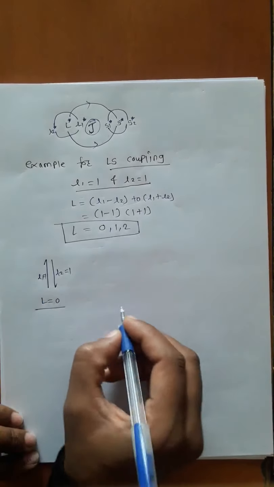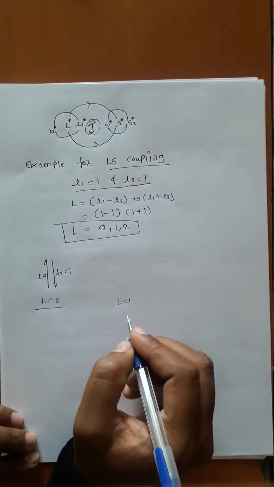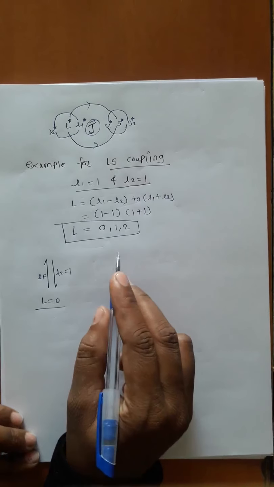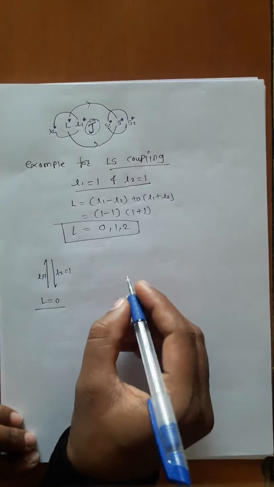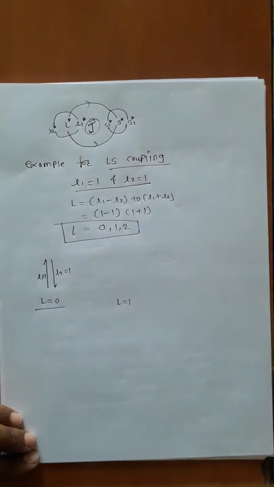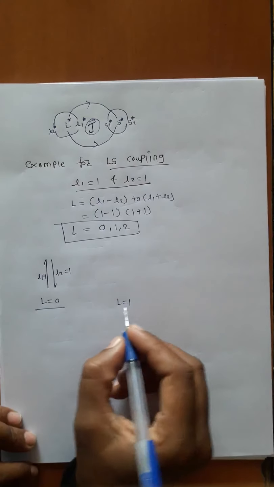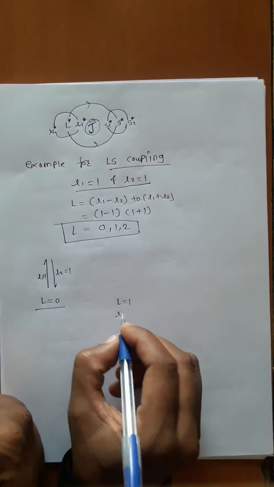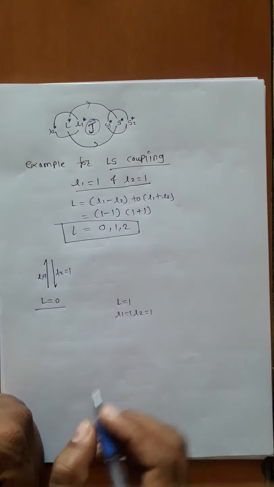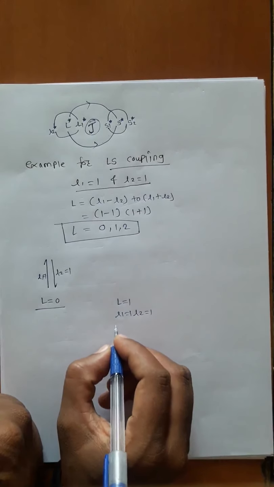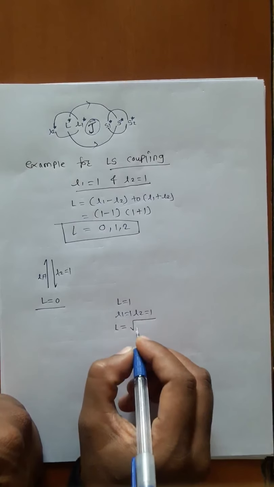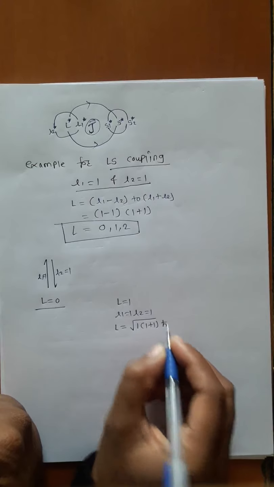Then the second is L equal to 1. Here L1 is equal to 1 and L2 is equal to 1. Then L gives the square root of L into L plus 1, means 1 into 1 plus 1, times H cross.